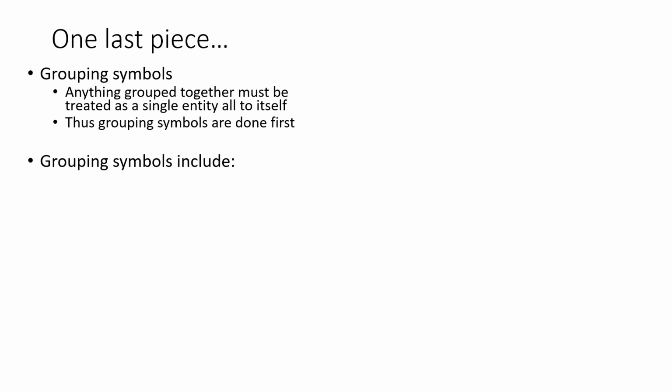Now, grouping symbols include all kinds of things. They include parentheses. They include things like brackets, which we don't see a whole lot except when we're first starting with grouping symbols, but they do come up.